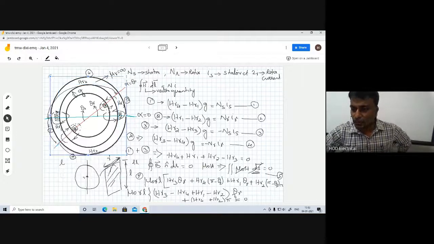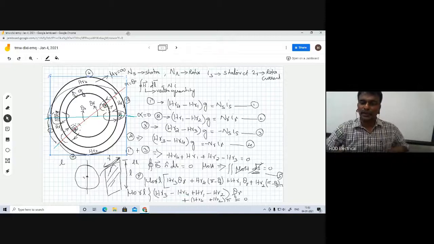As this is symmetrical, we have proved that on opposite sides the magnetic field intensity is the same in magnitude, while the direction is different based on the current flowing through this circuit.